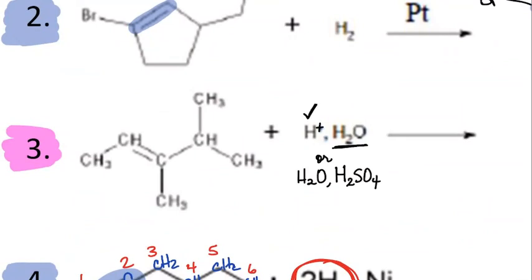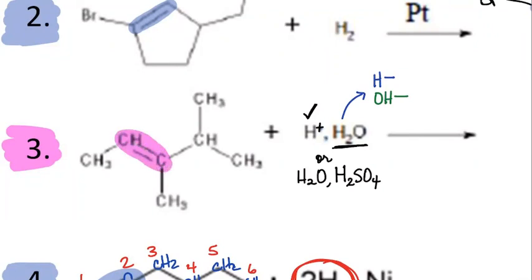Remember that in a hydration reaction, overall, what we need to visualize is that our water molecule is going to contribute an H and an OH to the carbon-carbon double bond in our reactant.